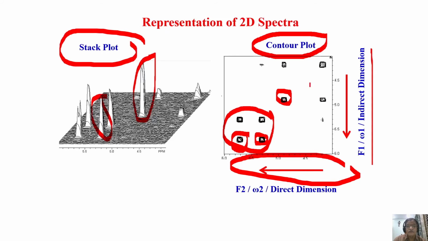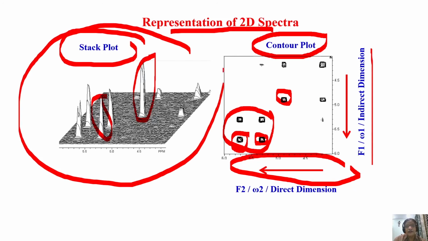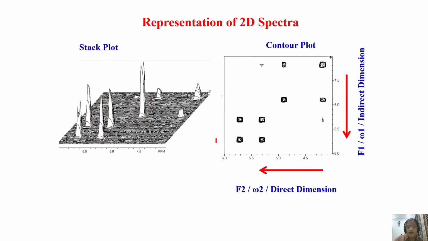This is the way we represent 2D data, but this type of stack plot is outdated. Nobody will do it. You always require only a contour plot. All the time we use only contour plots for representation of any 2D, 3D or 4D spectrum. Any multi-dimensional spectrum nowadays is represented only by contour plots.